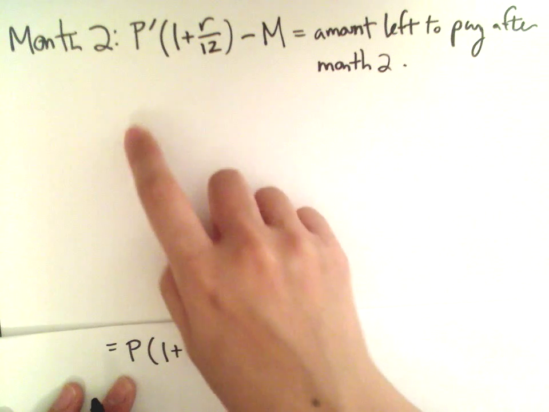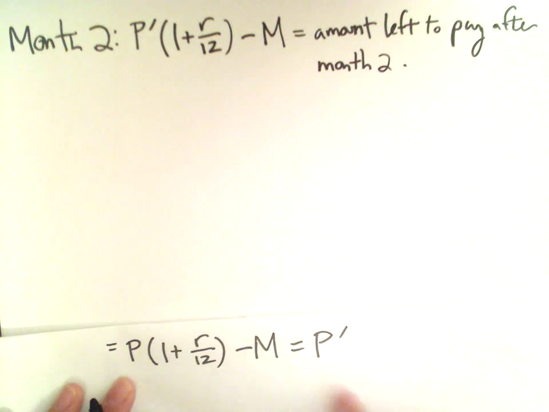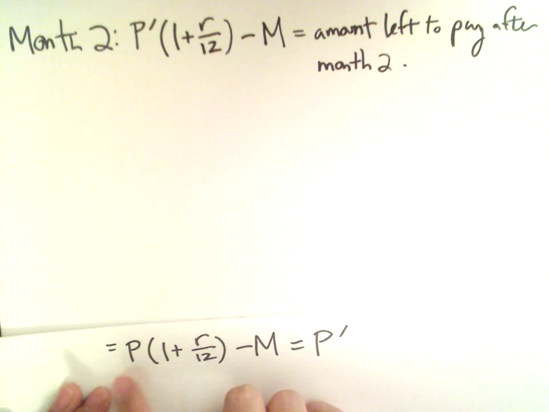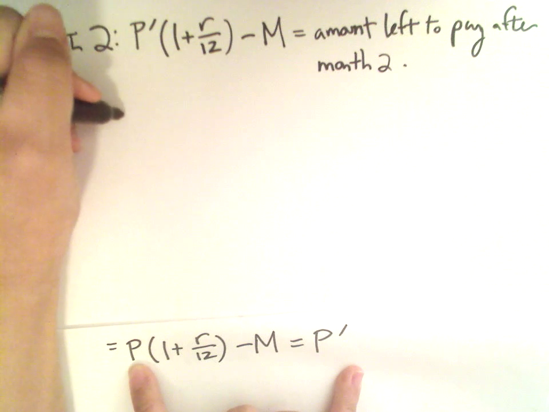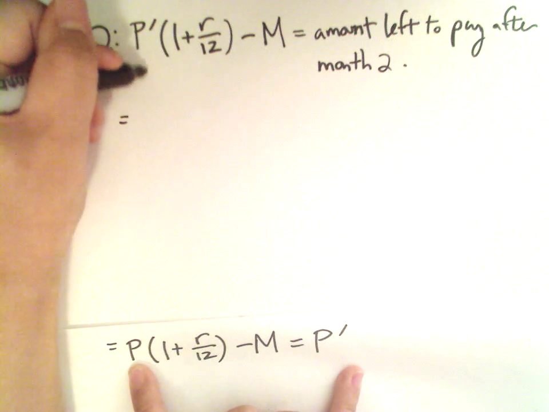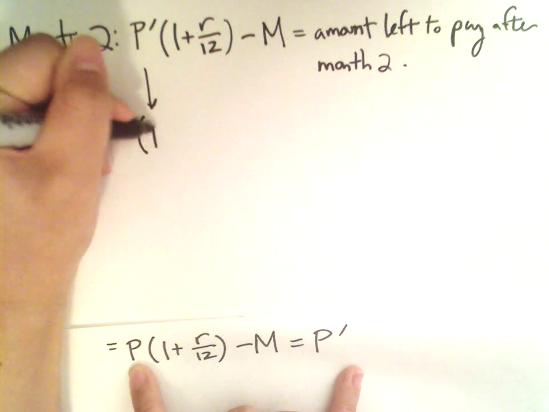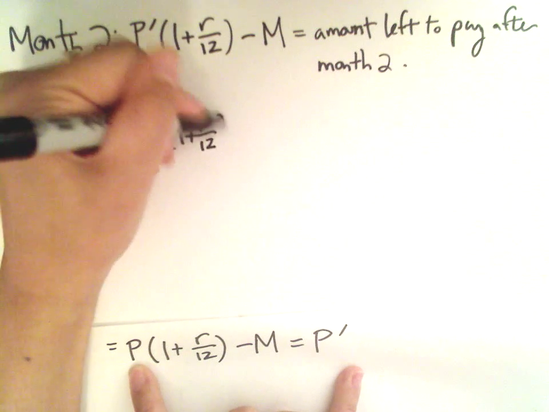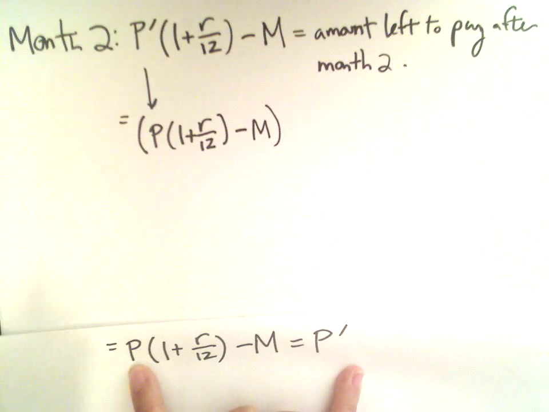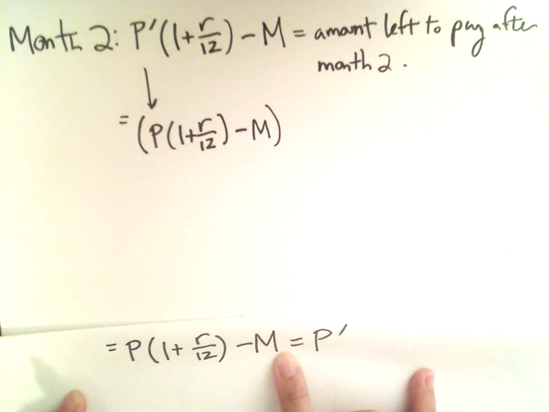Now we could just leave it like that, but we actually want to plug in what the P prime actually equals so that we leave everything in terms of this P. It just makes life a little bit easier in the formula. So then this is going to equal P times 1 plus R over 12 minus M. So that's your P prime down here.